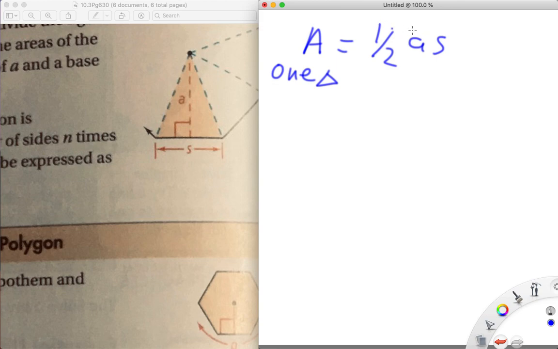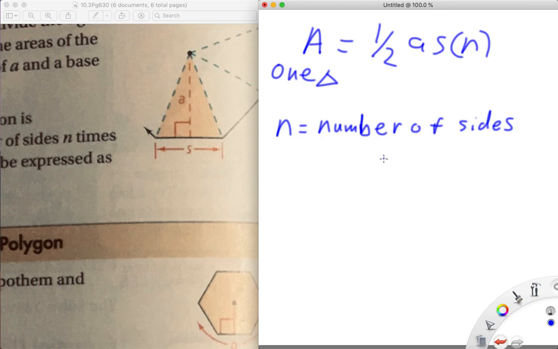So I have to multiply it by an additional thing, and that's n. And n is the number of sides that we're dealing with.